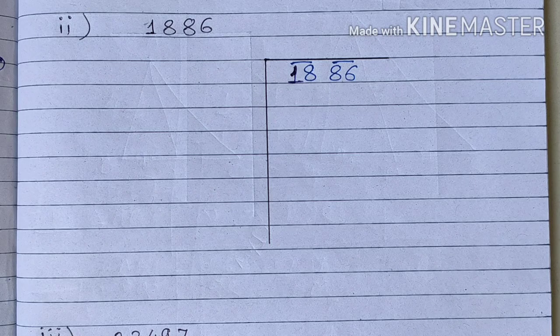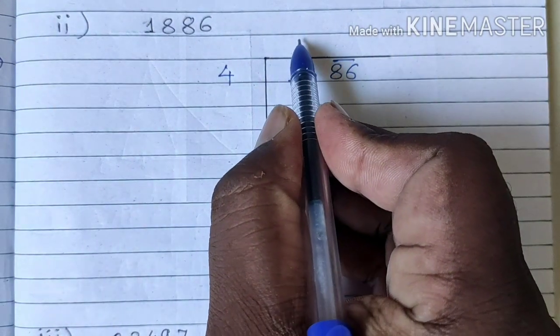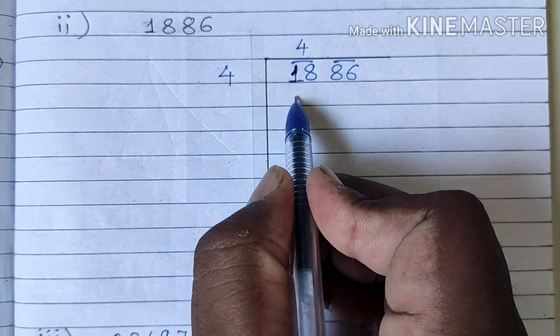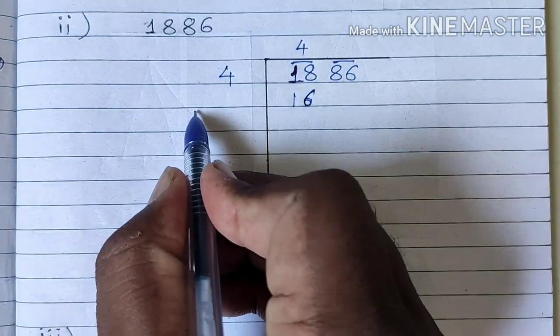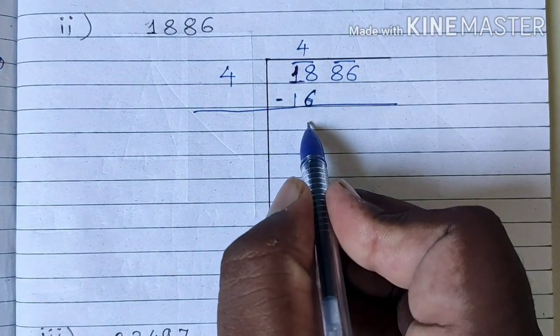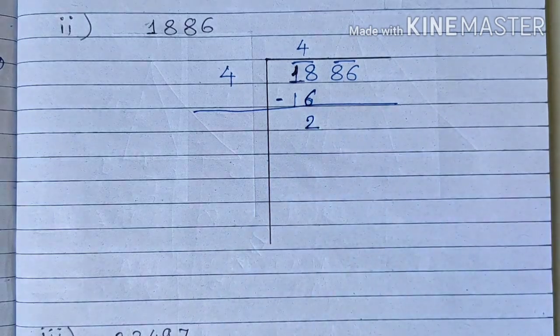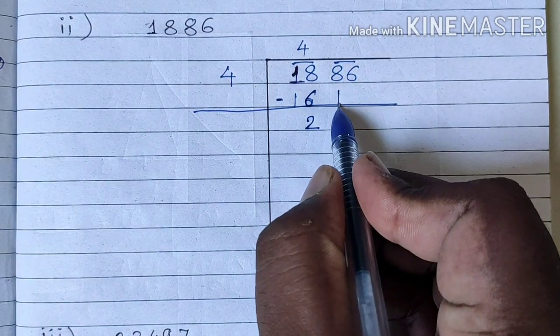We can say that 4 square is less than 18 because 4 square is 16. So we will write this 4 here. Also we write 4 4s are 16. Subtraction gives us 2. Next pair 86 will come down.